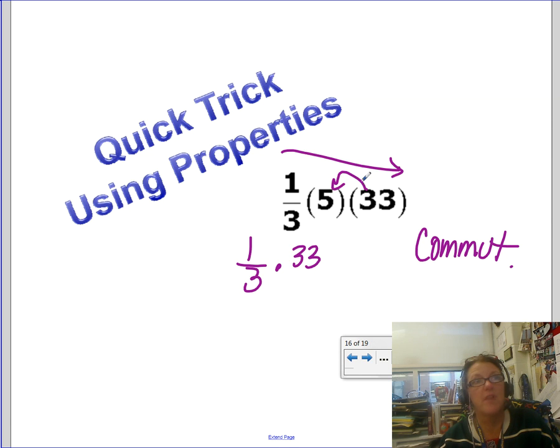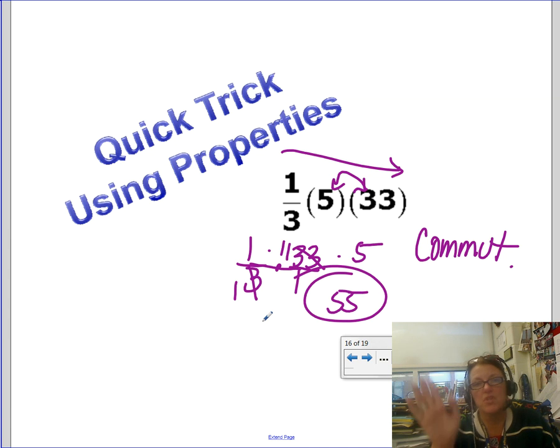So I'm going to flip-flop the order of these and then multiply by 5. You know why? Because 1/3 times 33, I can do some simplifying here. 3 goes into 33 11 times. 1 times 11 is 11 over 1, and then times 5 is 55.